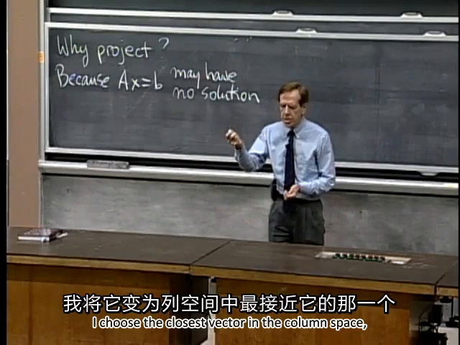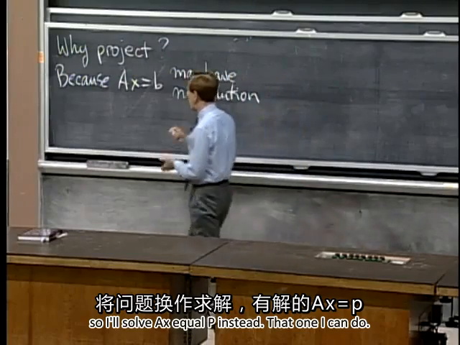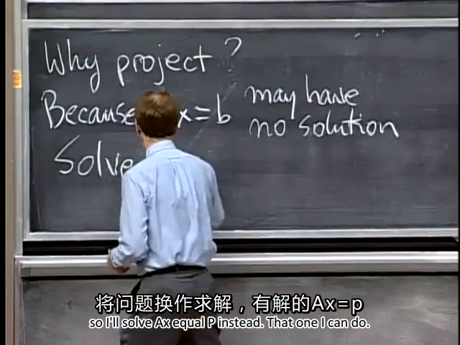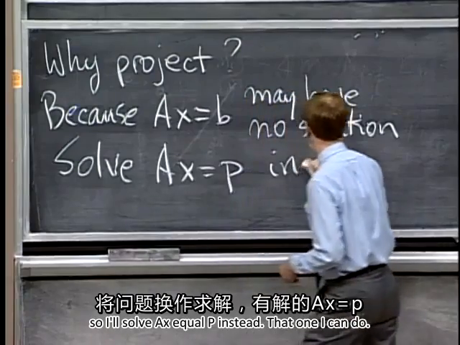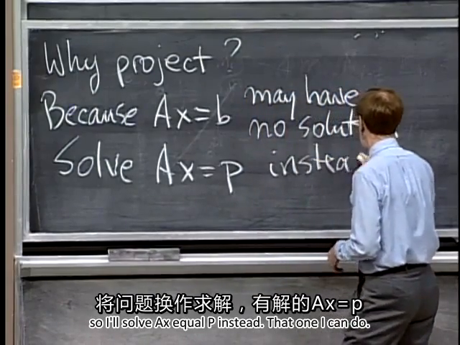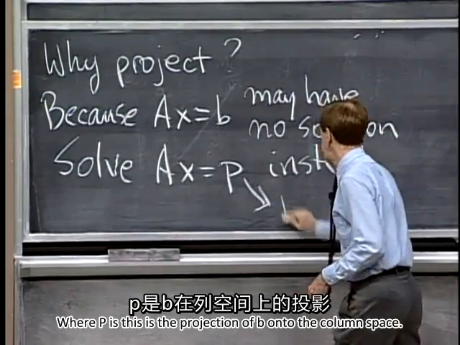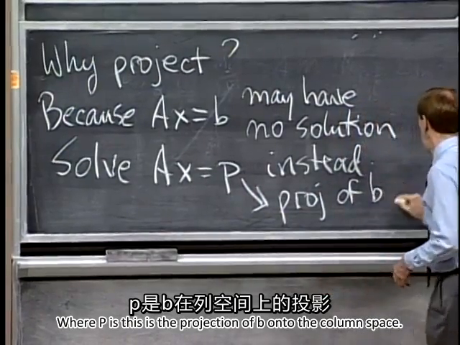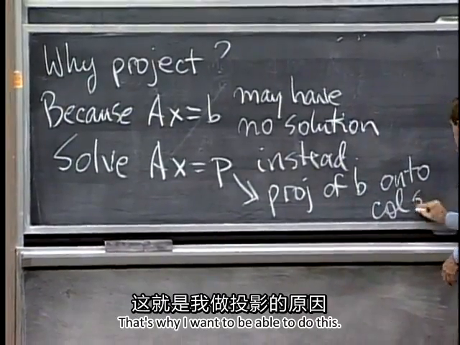I choose the closest vector in the column space. So I'll solve AX equal P instead. That one I can do, where P is the projection of B onto the column space.